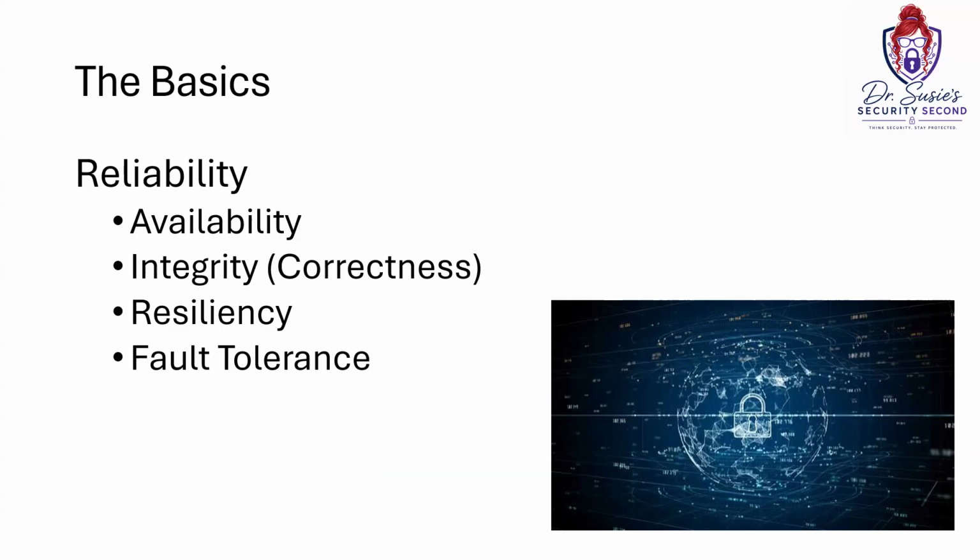And lastly, fault tolerance. That's the built-in mechanisms like redundant servers and failover protocols that keep the system running smoothly, even when certain components fail. So in a nutshell, that's the basics of cybersecurity, the CIA Triad, accountability, non-repudiation, and reliability.